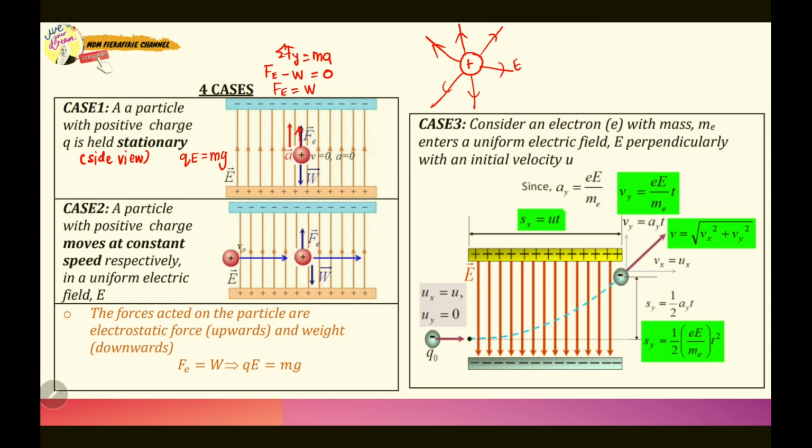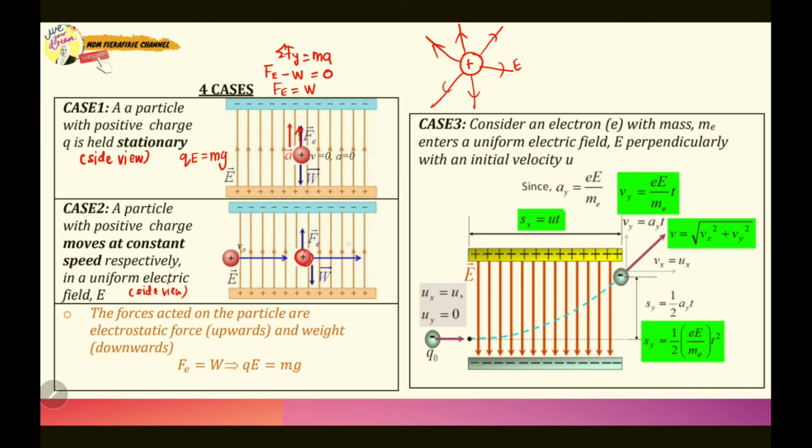For case 2, we have a positive charge and it moves at constant speed. This is also a side view. You can see that when the positive charge enters the electric field between the plates, the electrostatic force is upward because this is a positive charge, and the weight is downward.